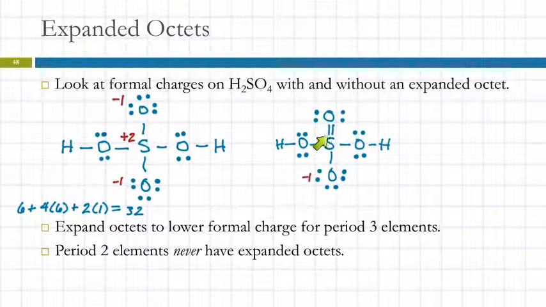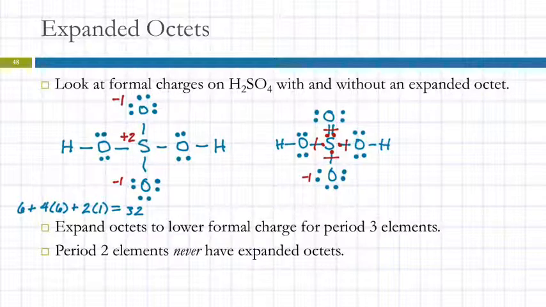And if you look at the formal charge on the sulfur now, what is it? The formal charge is +1. Okay. So we're going to cut all these bonds in half, right? So the sulfur is going to get 1, 2, 3, 4, 5 electrons.